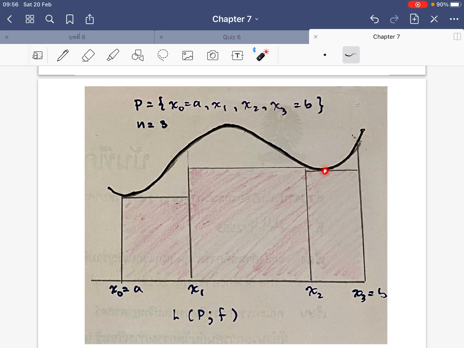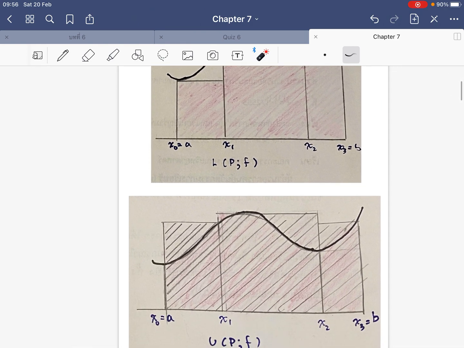So from this one, you just draw a horizontal line tangent to that point, and this will be the area of the strip over the last subinterval. And as I told you, each of the intervals may have a different size. So this one will be a picture for the lower sum of this partition.